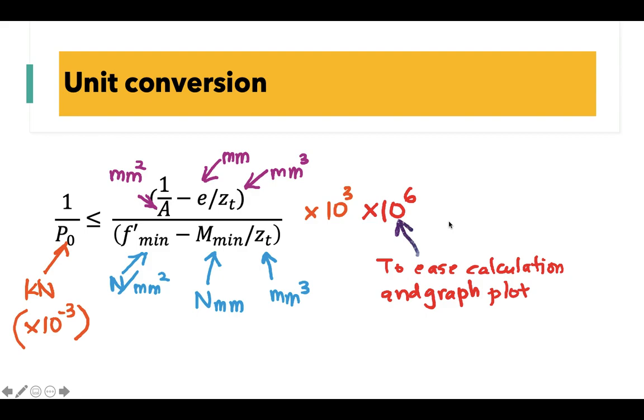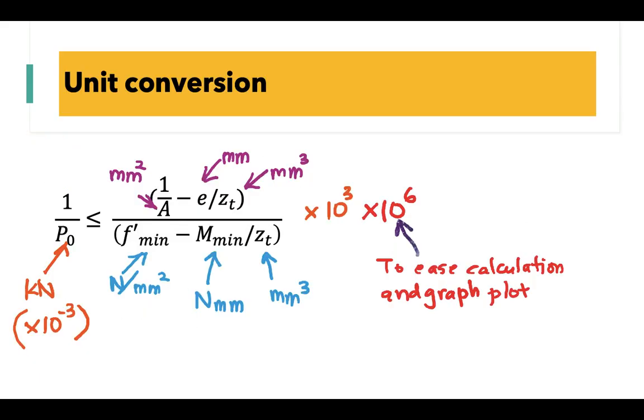To avoid any effect to the equation, we also multiply the left part with 10 to the power of 6. So the equation we get is 10 to the power of 6 divided by P naught, equal to this equation multiplied with 10 to the power of 3 and also 10 to the power of 6.